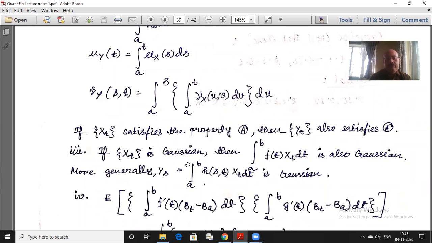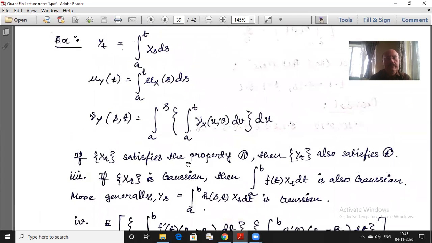And obviously, if X(t) is Gaussian, the integrand is Gaussian, then the integral will also be Gaussian, because the integral is after all a limit of a summation process, and the normal distribution is closed under linear combinations.